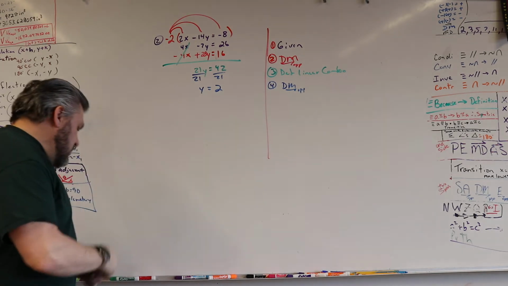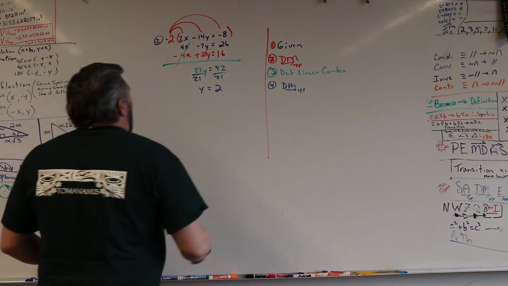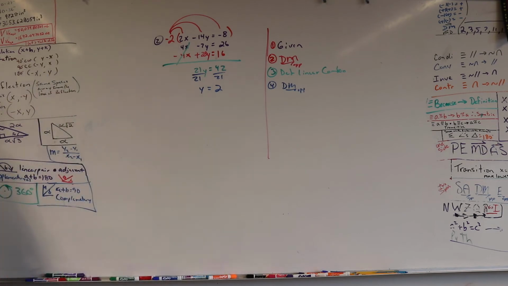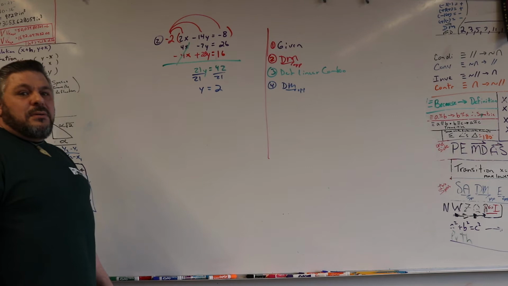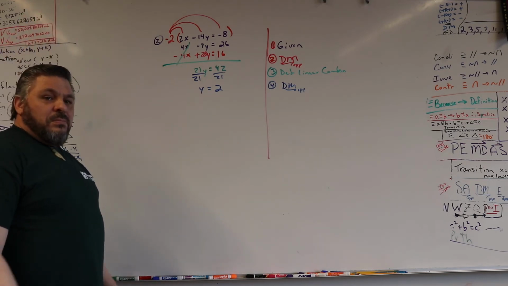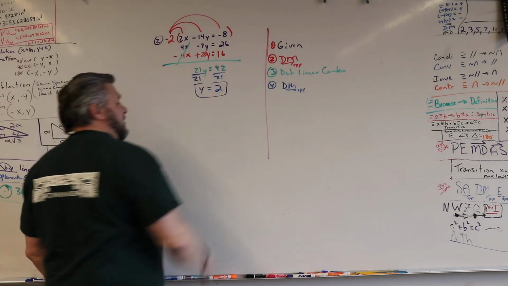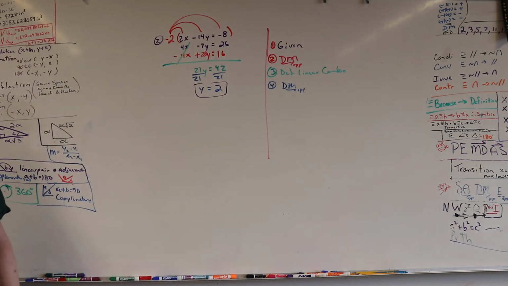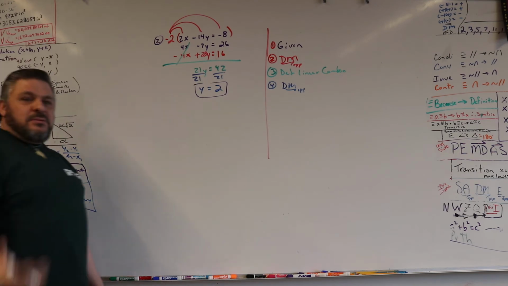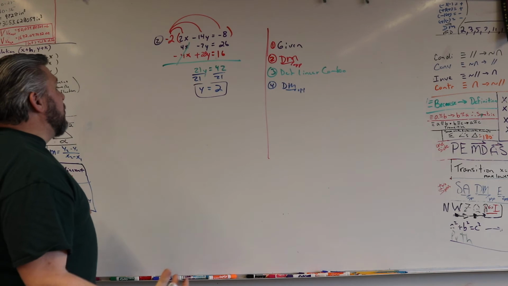Okay? Now what are we going to do? What do we want to do? You have y. All you need is x. How are you going to find x? Sub. Good. So choose one.